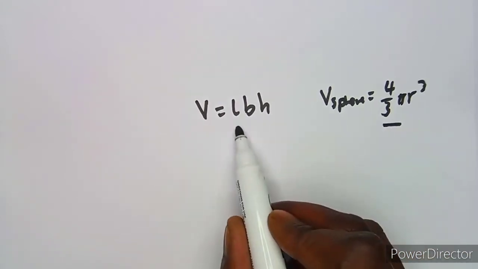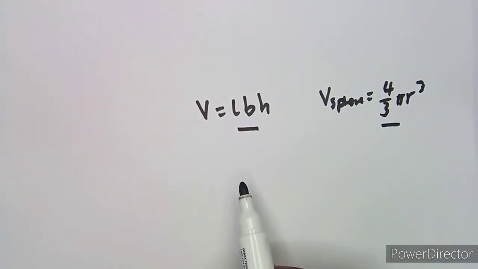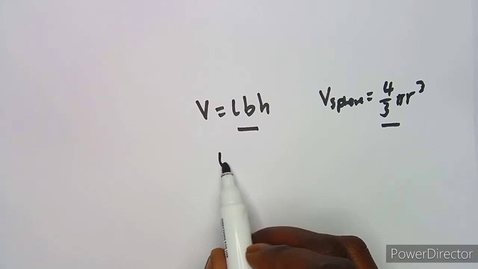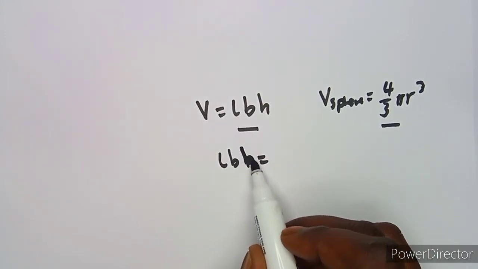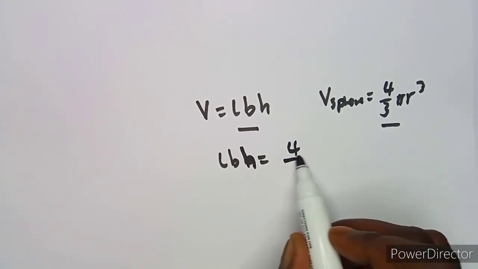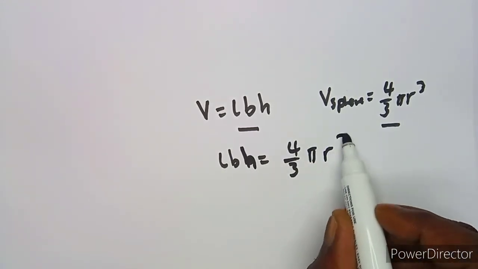So these two are equal. What we are going to do is simply say LBH is equal to 4 over 3 pi r cubed.